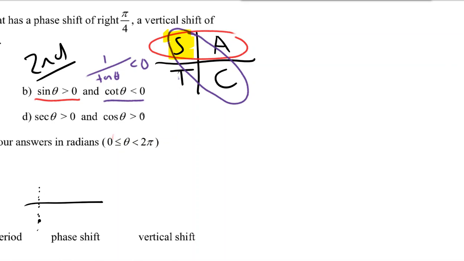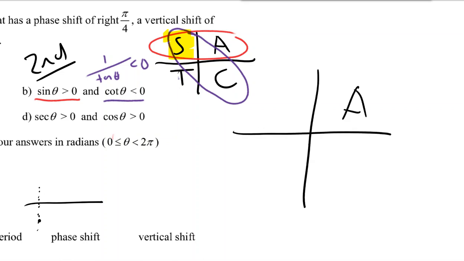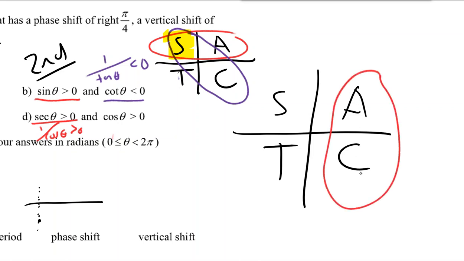Okay, and then I think the one that people usually ask about is D. Because secant is going to be positive where cosine is positive, so that would be 1 and 4. And then cosine's positive also in 1 and 4.